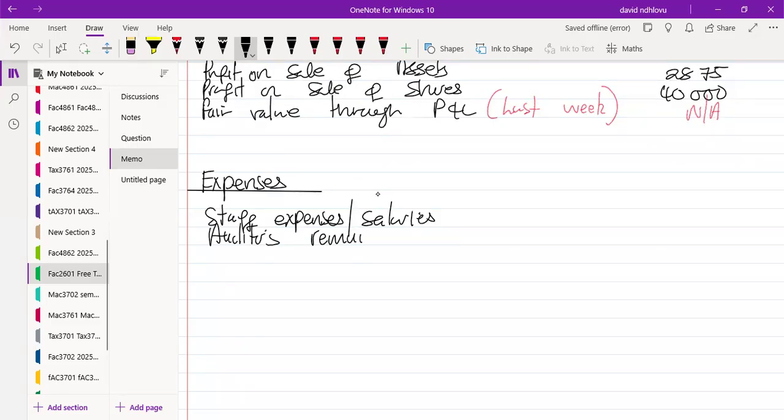There are normally a number of items that make the auditor's remuneration. We disclose depreciation. If you have got a loss on disposal, you also show that. And then significant expenses.